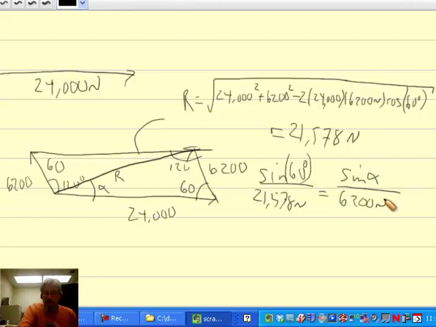Then I cross multiply and divide, take the inverse sine, and that gives me an angle of 14.4 degrees. So alpha here is 14.4 degrees.